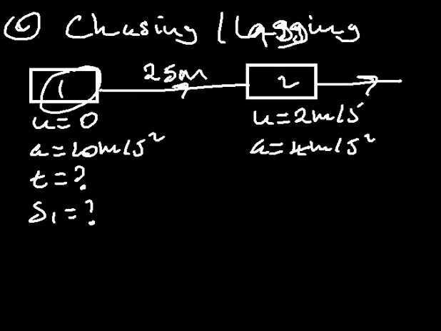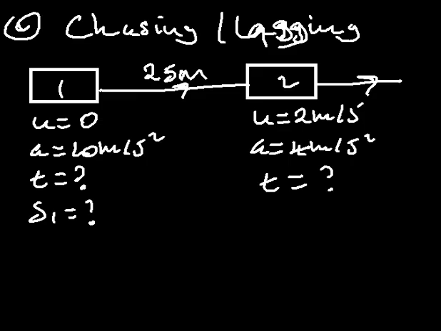But as this object is to catch or overtake this one, it has to travel 25 meters and also the distance object 2 has traveled as this object was covering this distance. Now, what is the time taken for object 2? We don't know.